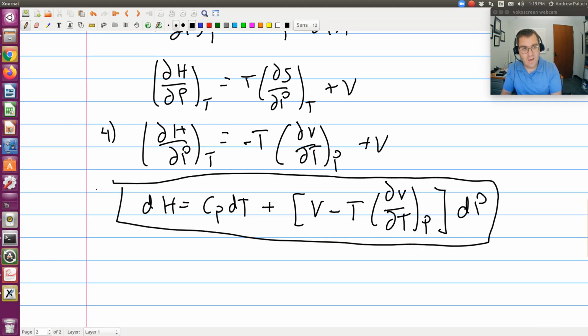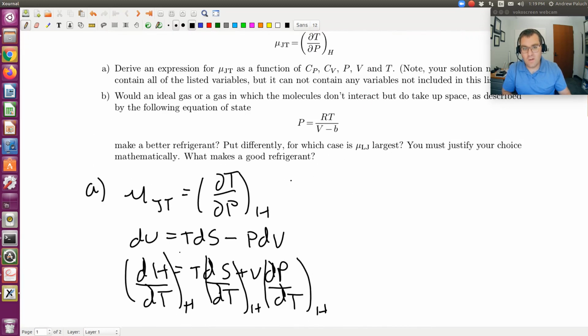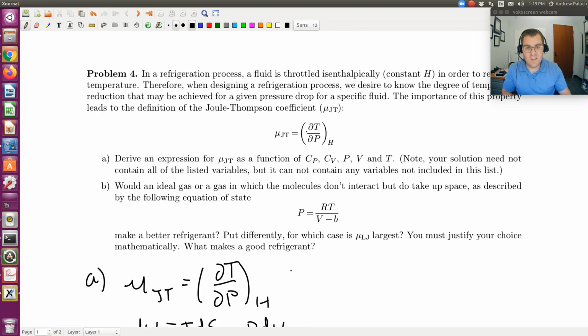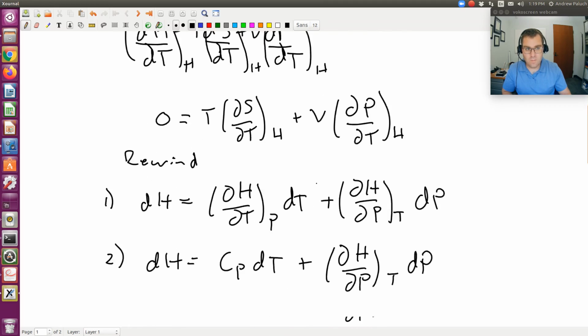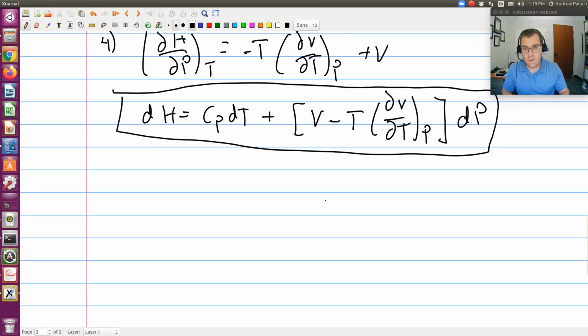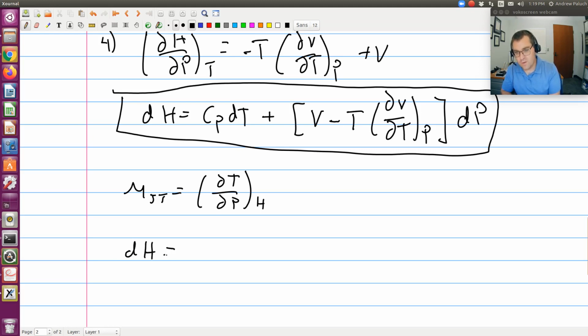All right, so now if we get back to the task at hand, what I want to calculate is μJT, which is (∂T/∂P) at constant H. So let's work out (∂T/∂P) at constant H. Let's write out the full expression just for clarity: Cp dT plus [V minus T (∂V/∂T) at constant P] dP.